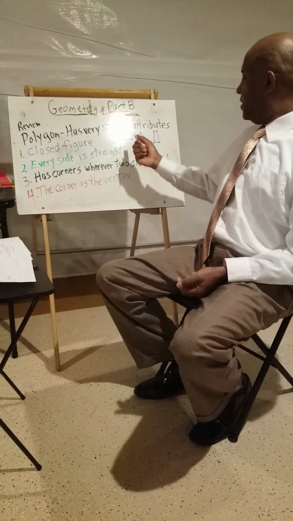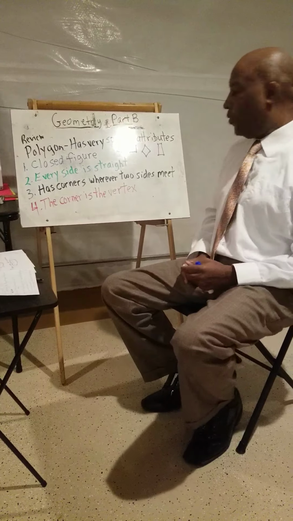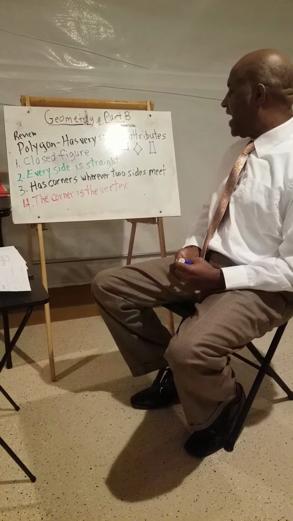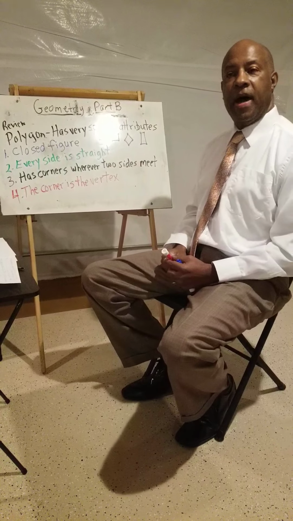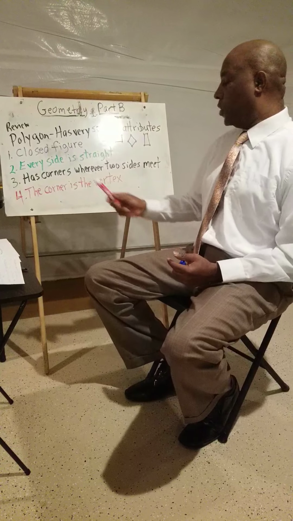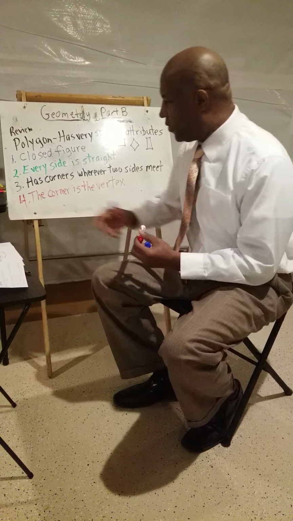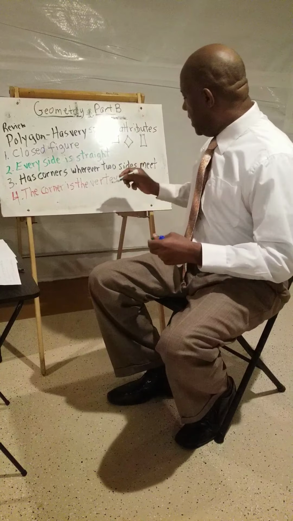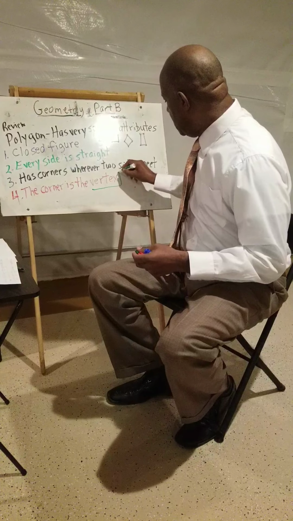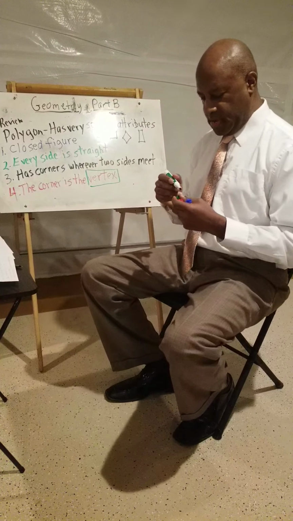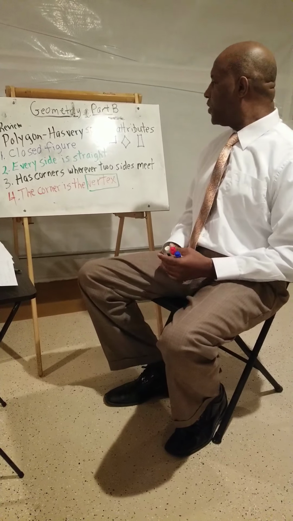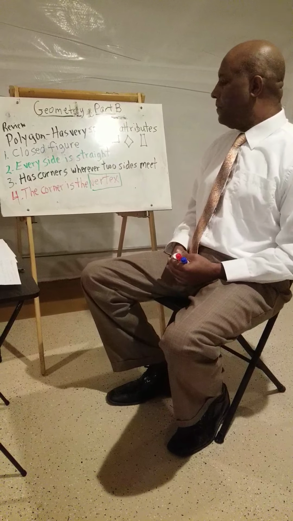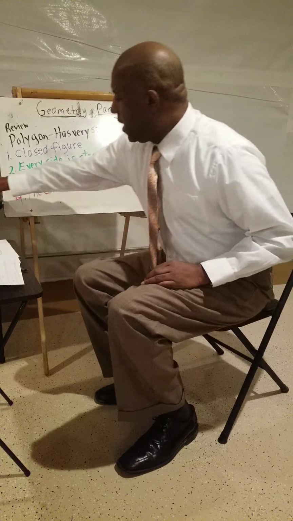Where those red dots are, those are the corners wherever 2 sides meet. And then finally, the corners are from our vocabulary last week. Each corner is called a vertex. So that was a quick review of polygons from last week.